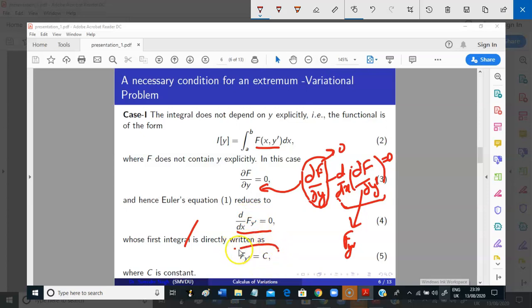So whenever a given functional is not depending on y explicitly, or you can say if in a given functional y is not appearing explicitly, then the Euler equation can directly be written like this, and it will give you the solution of the problem in a simpler manner.